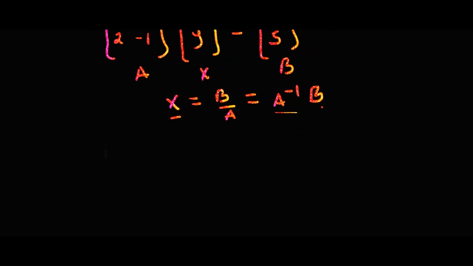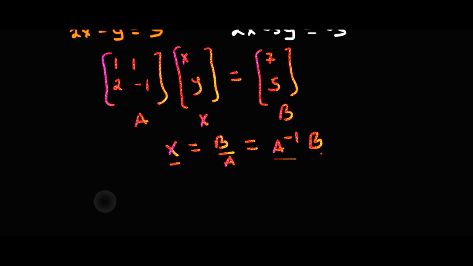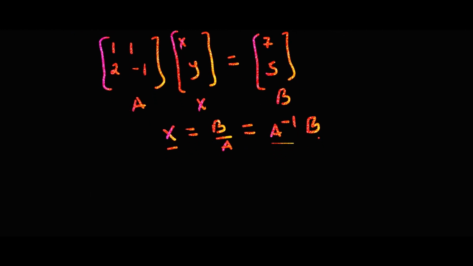So let us start by getting the inverse of the matrix A. Remember that the inverse of matrix A is obtained by taking 1 over the determinant of that matrix, then multiplying by the adjoint of that matrix A. So let's go ahead and obtain these two, the determinant and the adjoint.